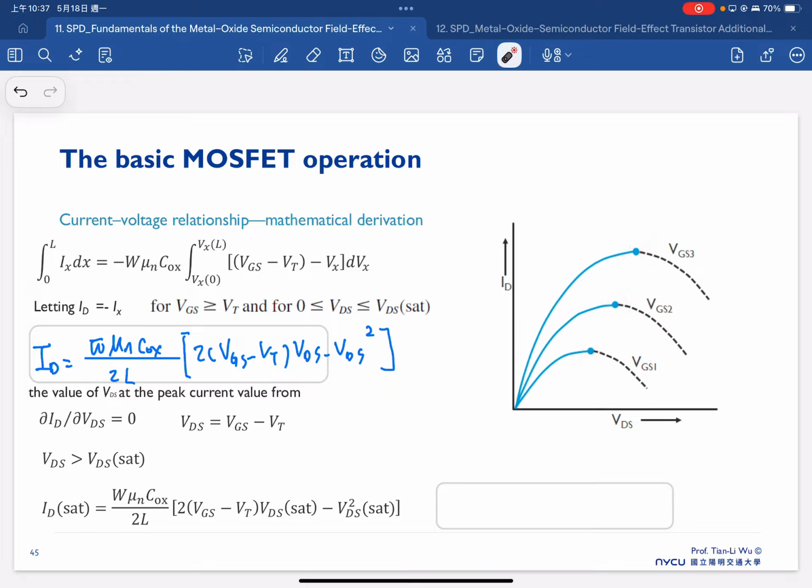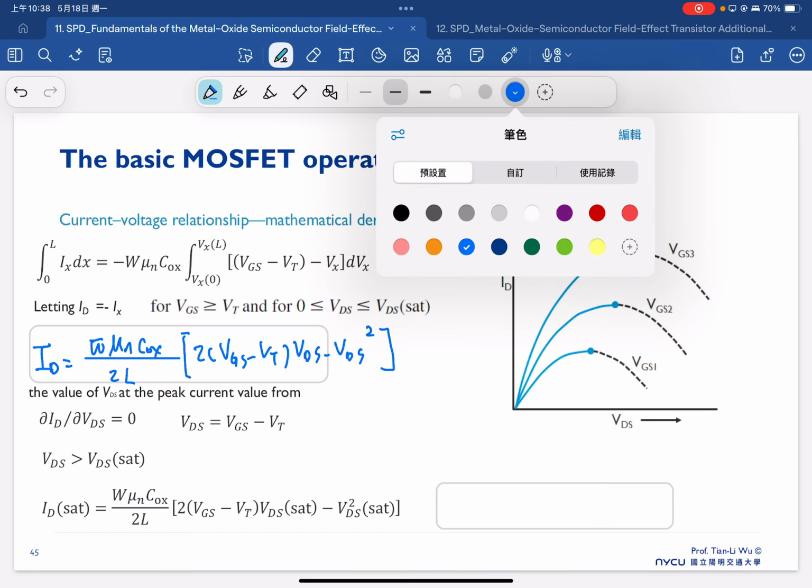Therefore, the VDS at the peak current value can be considered as this one, where VDS is equal to VGS minus VT. With all these considerations, we can start to rewrite this equation, and in the end it becomes this one.